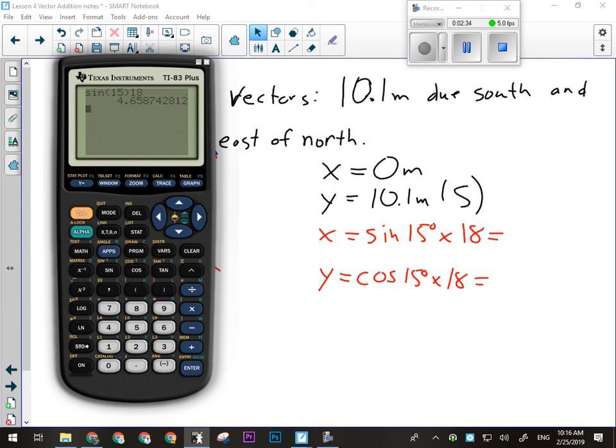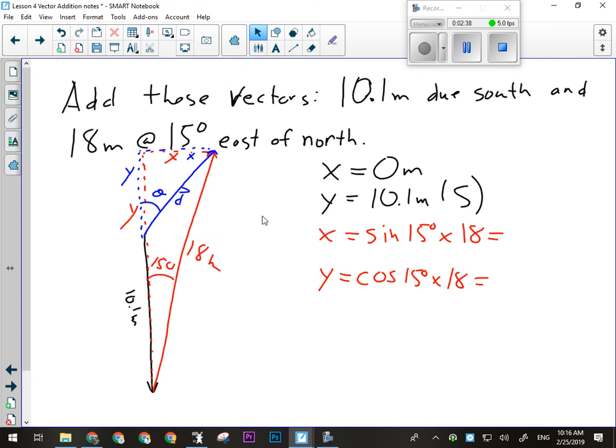So we got 4.6587 meters, and that is east, because I was finding this arrow here.